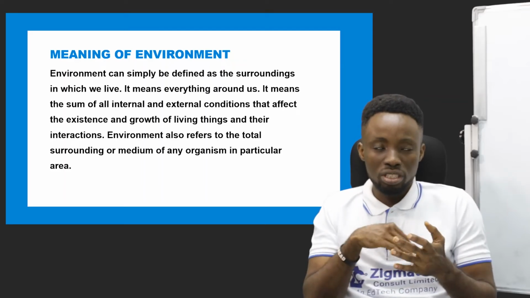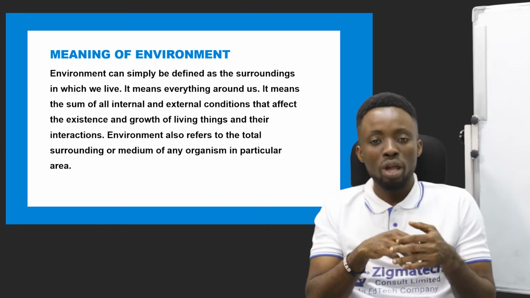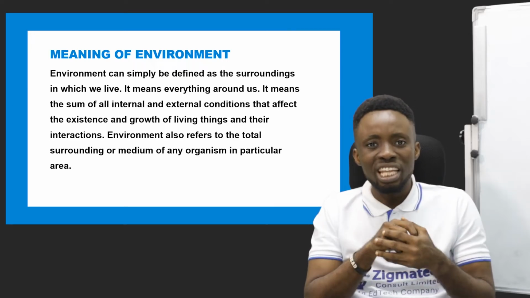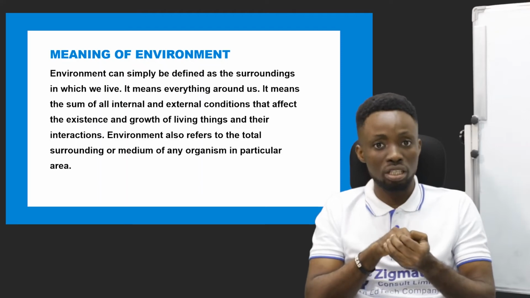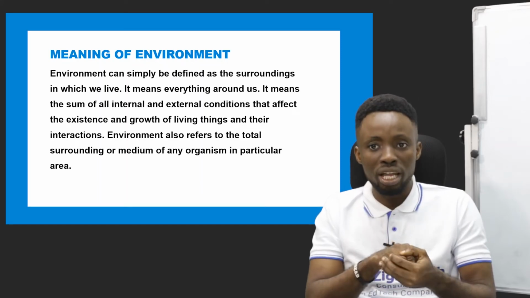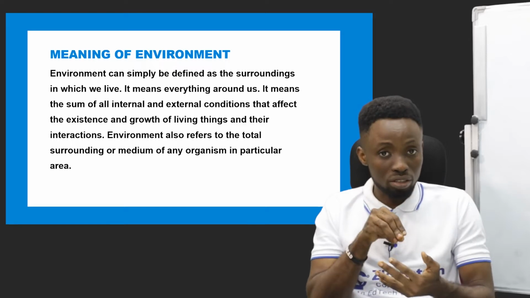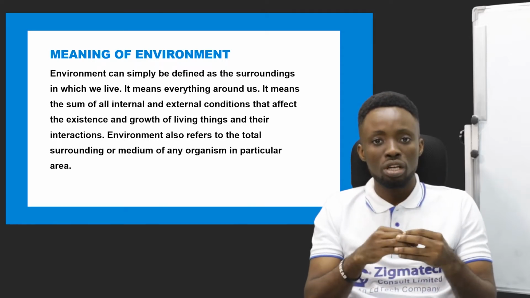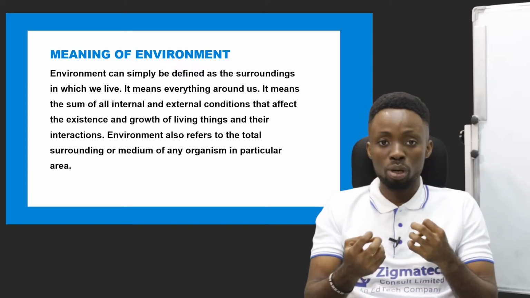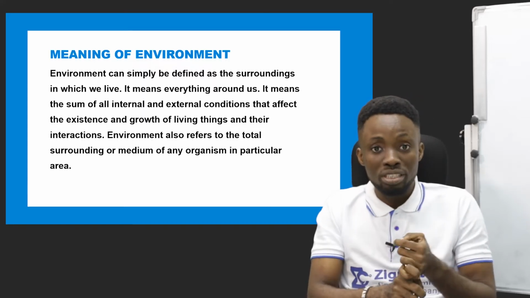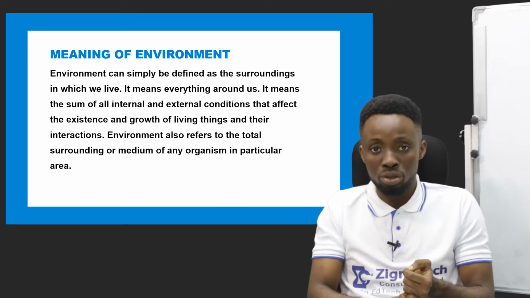So when we say environment is everything around us, we're actually talking about the internal and external conditions that affect the humans in the earth, that affect the plants, that affect everything concerning us. So in this scenario, when we talk about environment, we are talking about the biotic factors, and we are also talking about the abiotic factors.